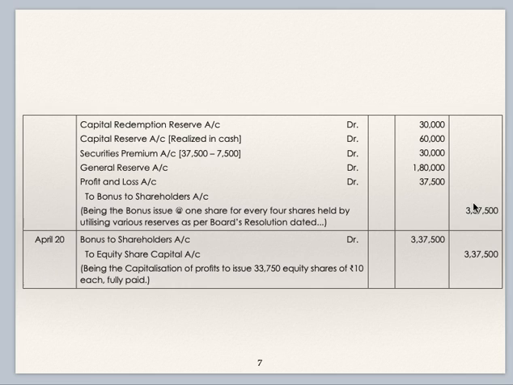This is bonus to shareholders. So from 3,37,500, if you deduct all these accumulated profits, you will get the balancing figure which gets transferred to profit and loss account. So your journal entry is capital redemption reserve account debit 30,000, capital reserve debit 60,000, securities premium account debit 30,000, general reserve debit 1,80,000, profit and loss account debit 37,500 to bonus to shareholders, and bonus to shareholders to equity share capital 3,37,500.